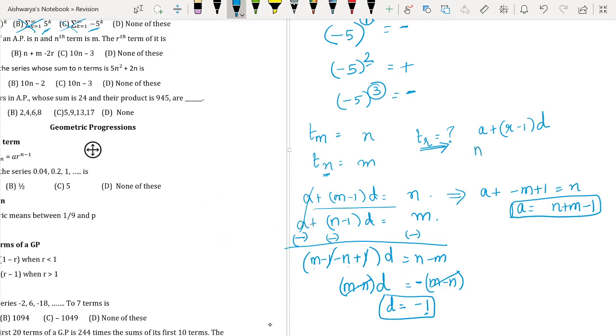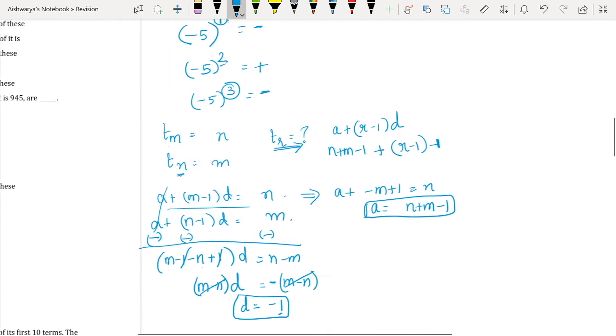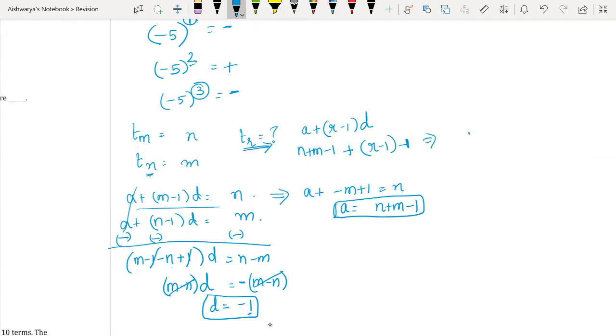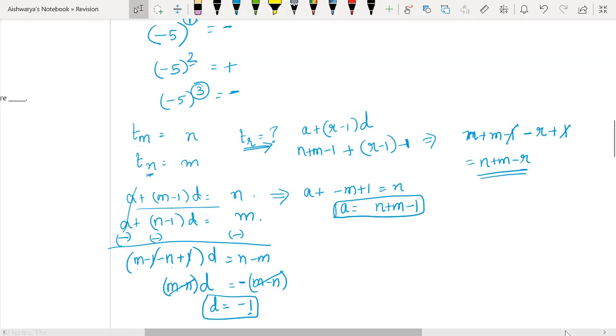N plus m minus 1 plus r minus 1 into d. D value is minus 1. So this will give you n plus m minus 1 minus r plus 1. So plus 1 minus 1 gets cancelled. You are just left with n plus m minus r. This is the value of your rth term.